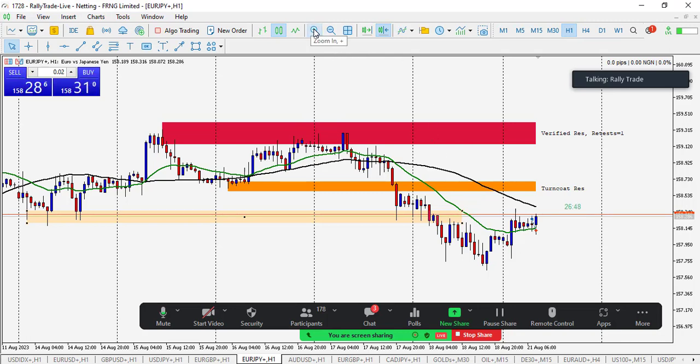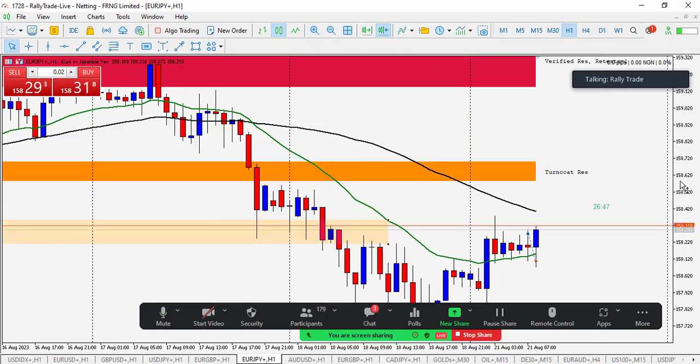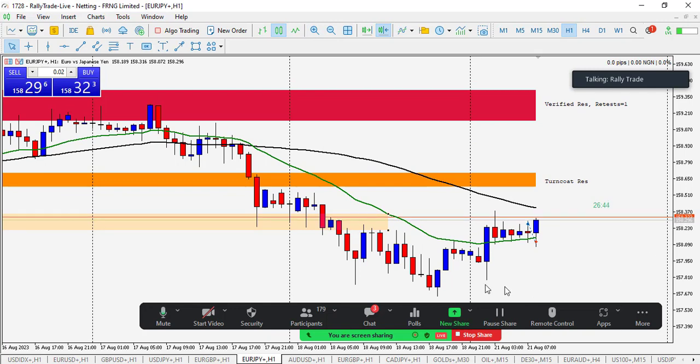A big bullish candlestick, big enough to cover the bearish candlestick there. Afterwards, the market put in a retracement, and from that retracement the market is now trying to push towards the upside.